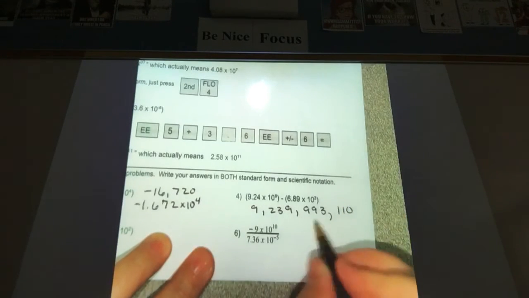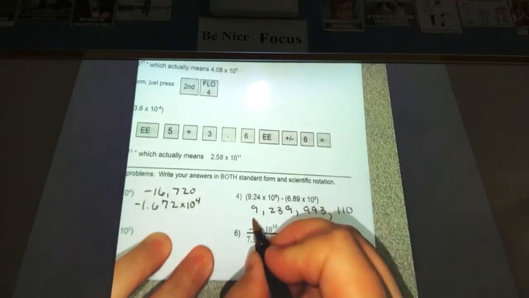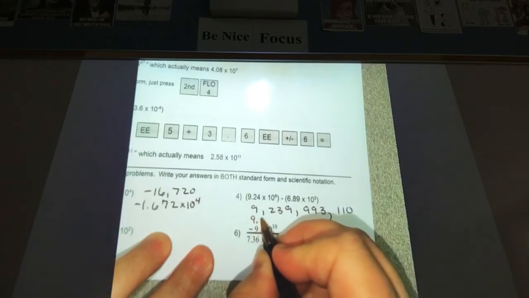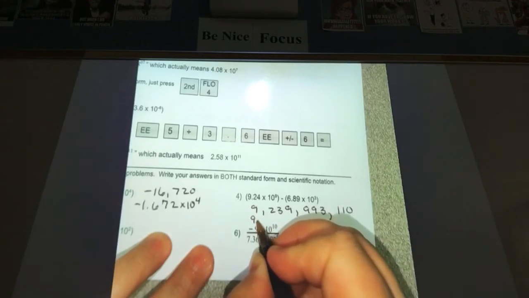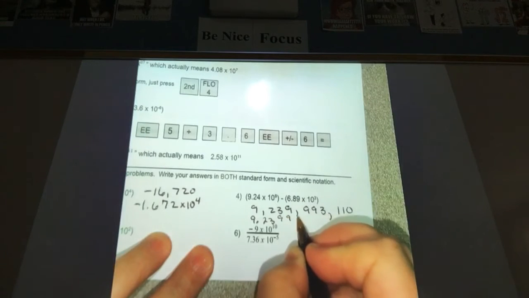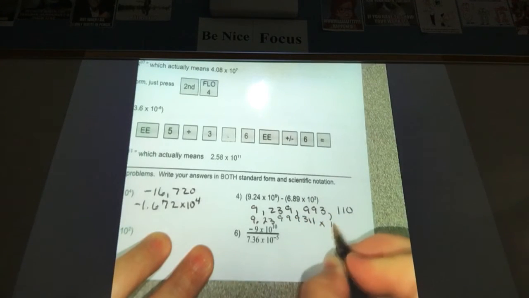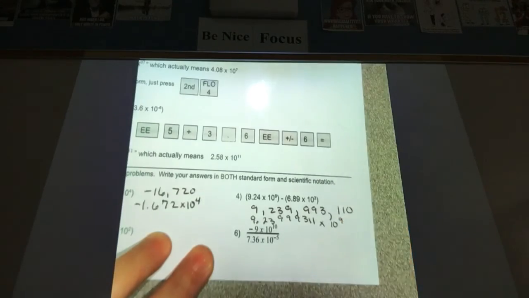Now, because there's not a lot of zeros, this would be a silly number to write in scientific notation, but since the directions told us to do it, we're going to do it anyway. So that would be 9.23999311 times 10 to the 9th.